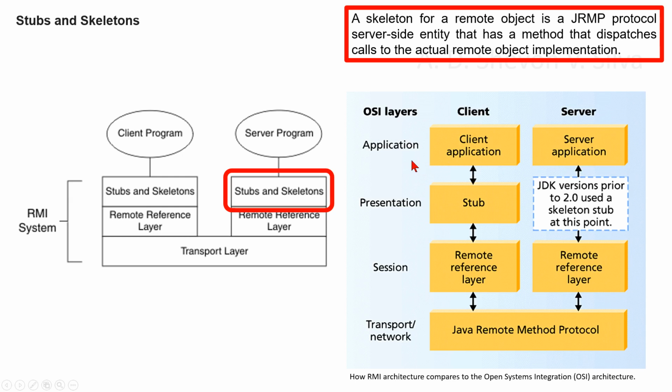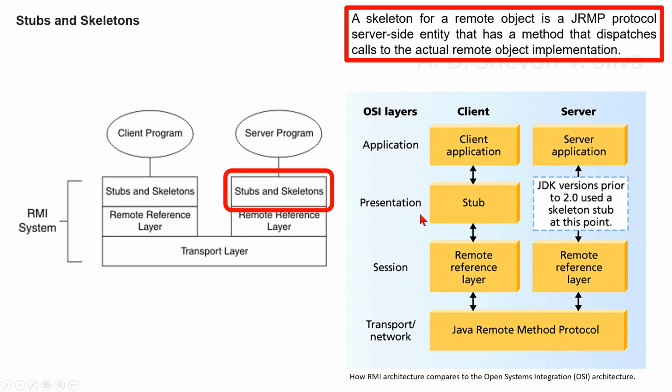The stub and skeleton layer is similar to the OSI presentation layer in that it manages the remote object interface between client and server.